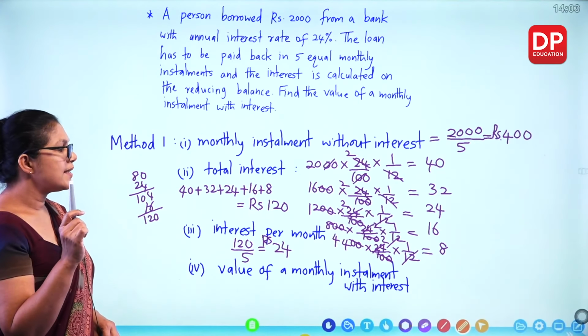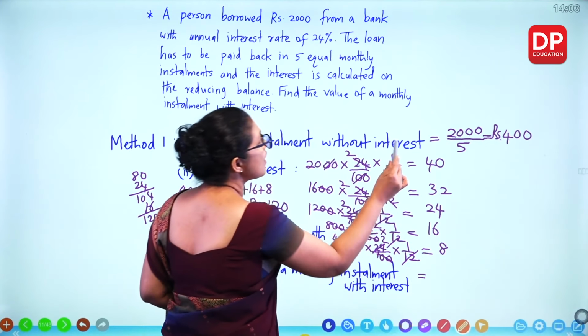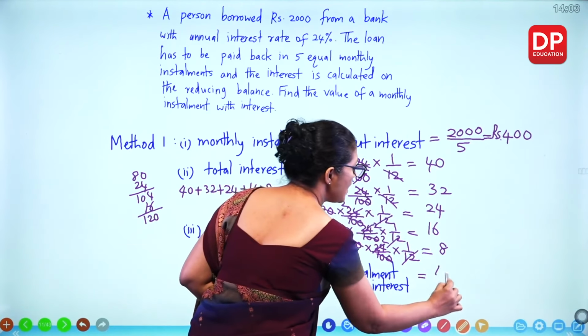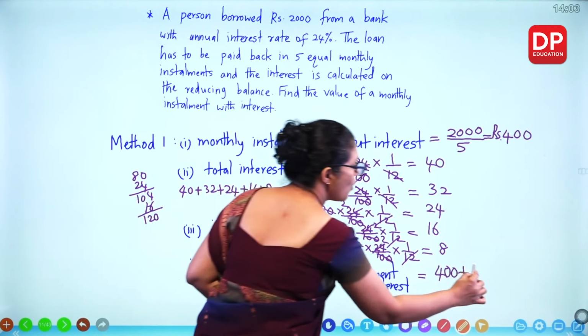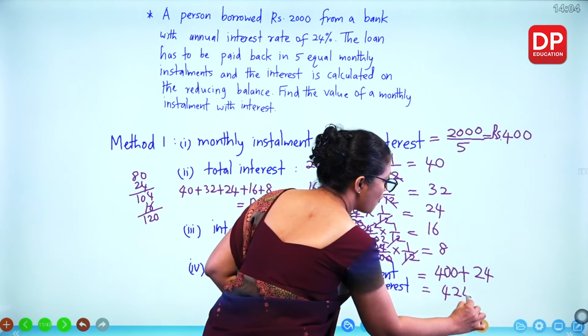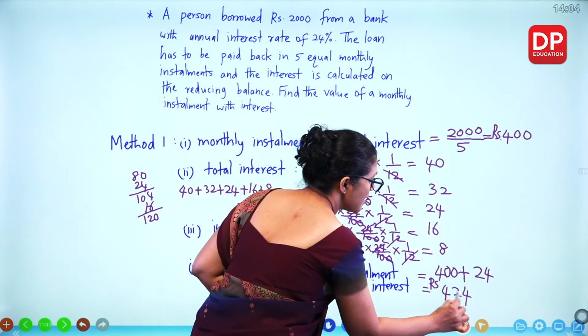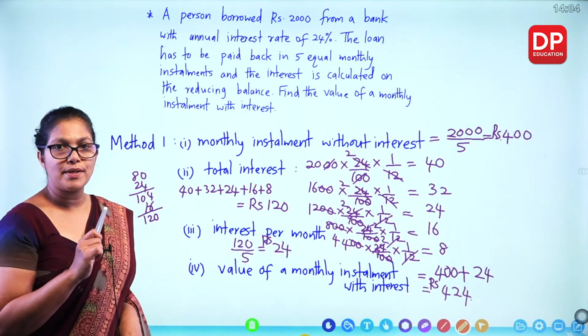So the value of the monthly installment is, you have to pay without interest, that's 400, and the interest per month is 24. Altogether 424 rupees for one installment, the monthly installment.